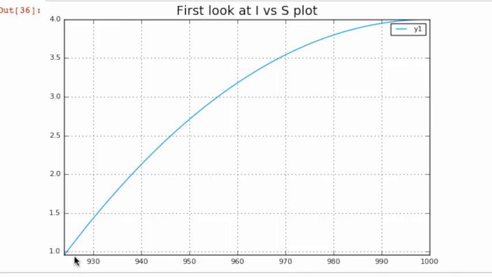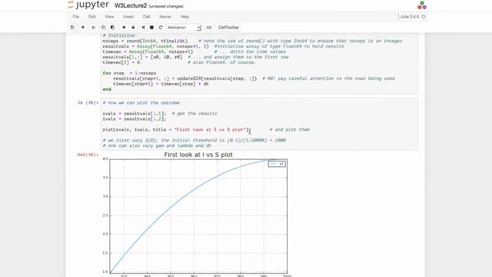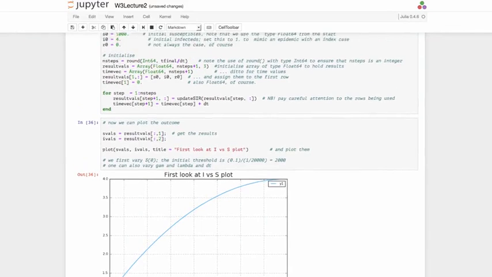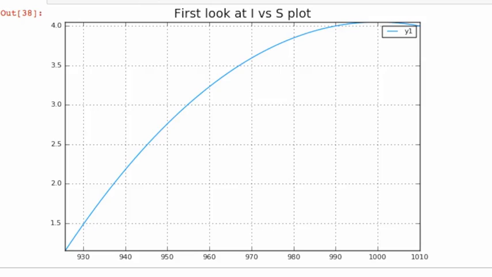Even though nearly 100 people got ill, it's not technically called an epidemic if it doesn't increase beyond the initial number of infected. If we make the number of susceptibles very slightly more than 1,000, let's say 1,010, well, now it's called an epidemic because it does increase, but really the difference is very slight.